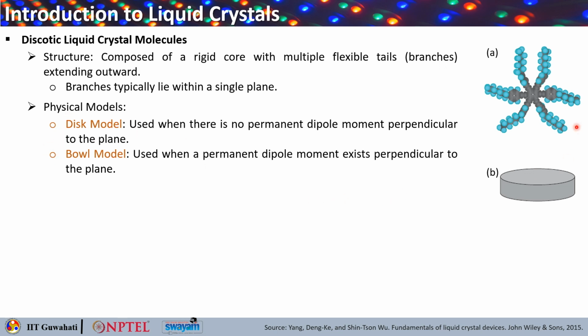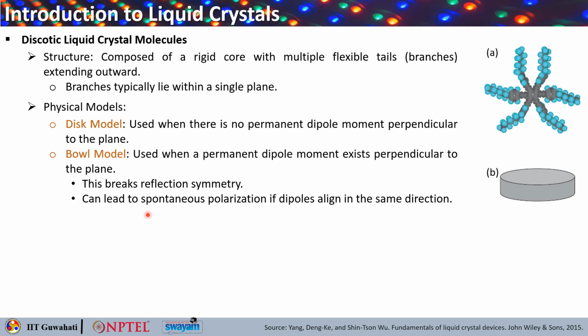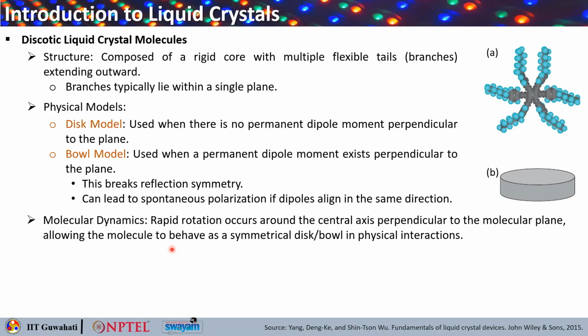So, you can do two kinds of modeling, disc model or bowl model, depending on whether there is a permanent dipole moment perpendicular to the plane. If you have a bowl model, this breaks the reflection symmetry and it can lead to spontaneous polarization if the dipoles align along the same direction.